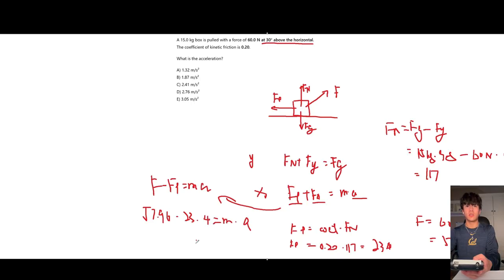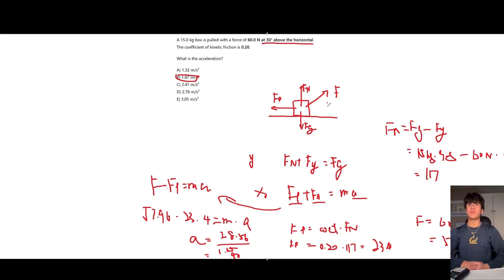So acceleration is 51.96 minus 23.4, which is 28.56, divided by 15, which should be around 1.90. That's closest to 1.87, so it's B.